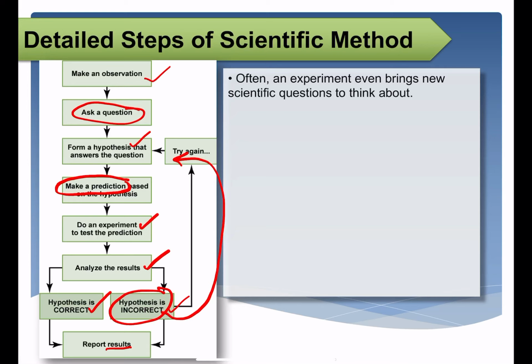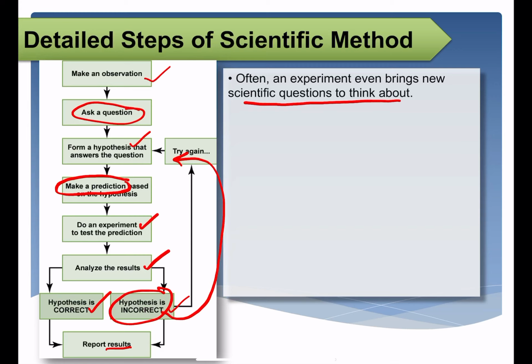All right, so even if an experiment did not necessarily agree with your original hypothesis, it doesn't mean it was a waste of time and effort, like I was saying. A lot of times an experiment will bring new scientific questions to think about. And that's how science grows. Okay, it is through the process of trial and error.